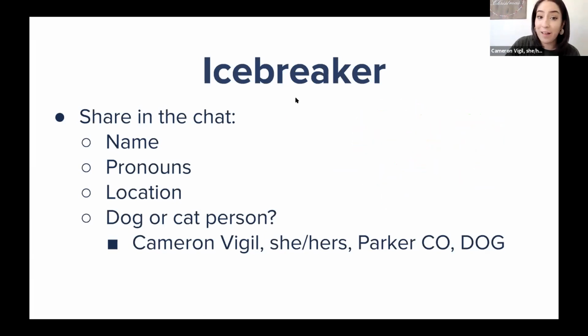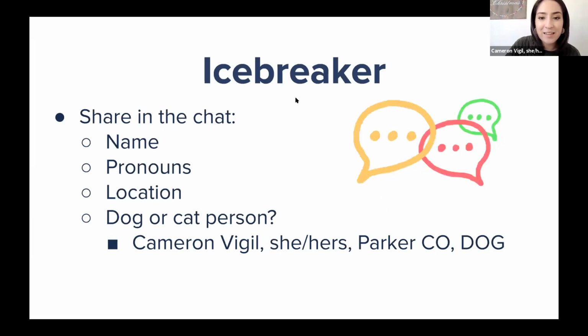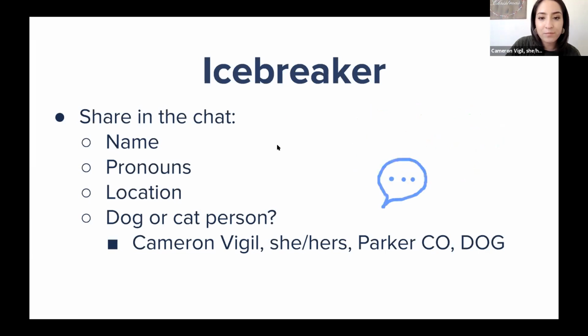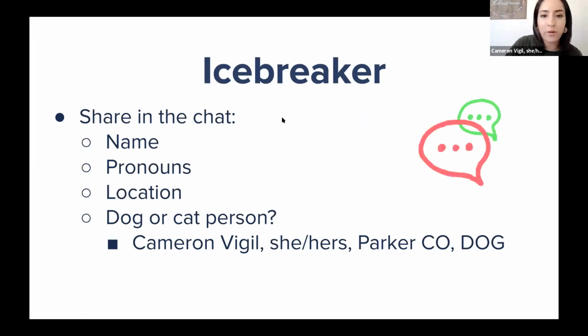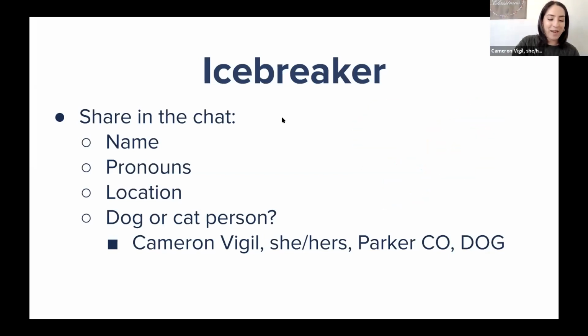We have folks from California, Greeley, Grand Lake, Longmont, Westminster, Thornton, Aurora, Highlands Ranch. More California folks. Welcome, everyone. And yes, I think we need some more cat representation, but I'm going to agree with the dog people. I'm a dog person. All right.